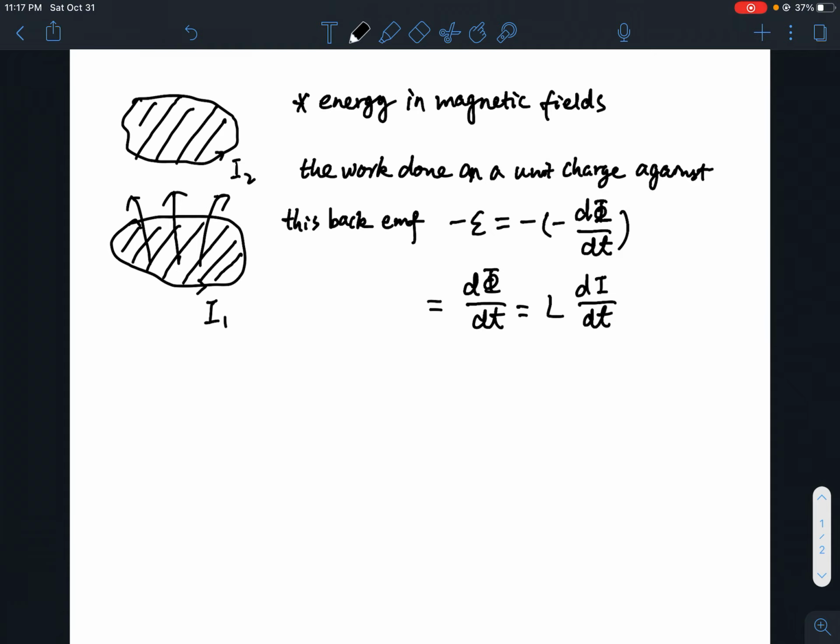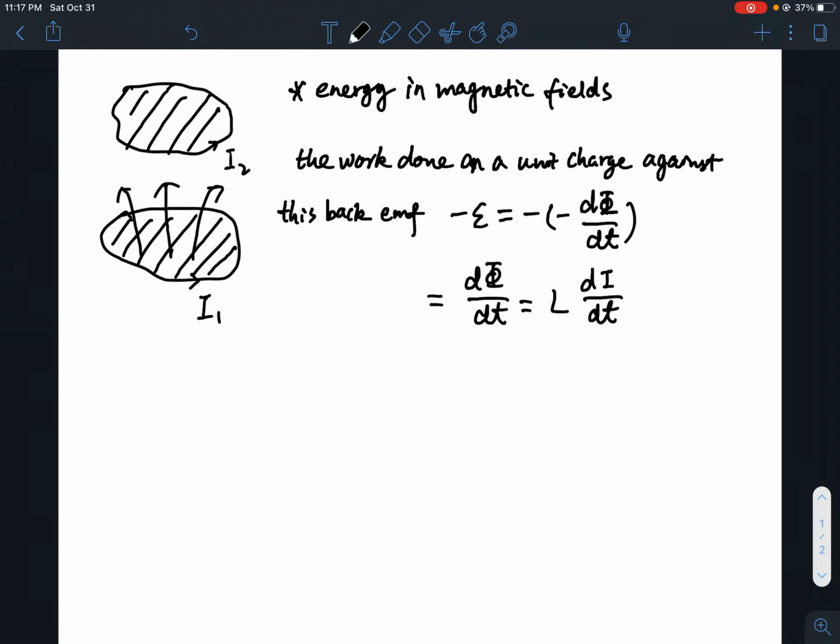Once we have this, we also know the amount of charge per unit time passing down this wire is really the current I. So that tells us the total work done.